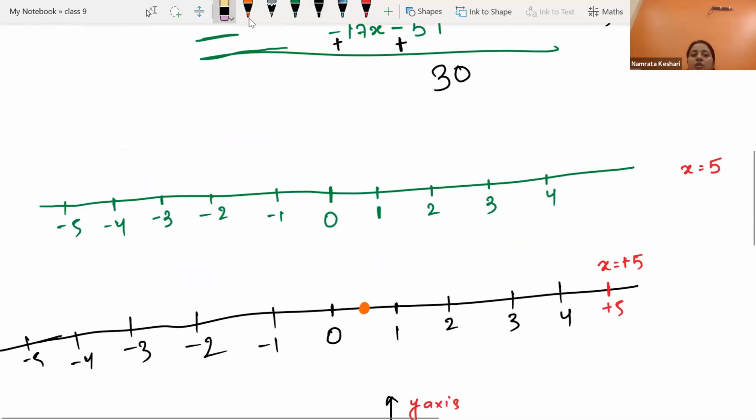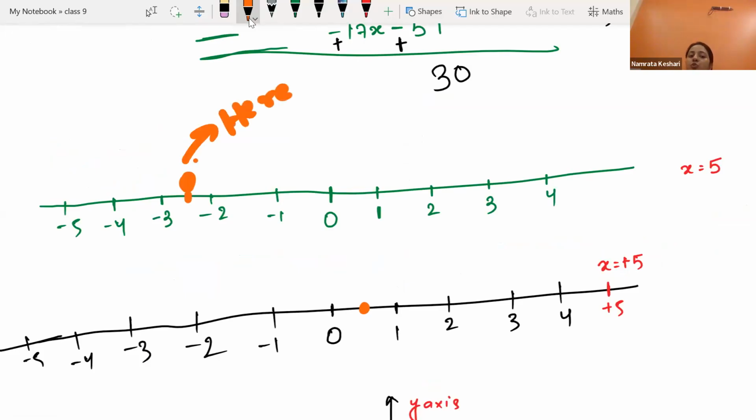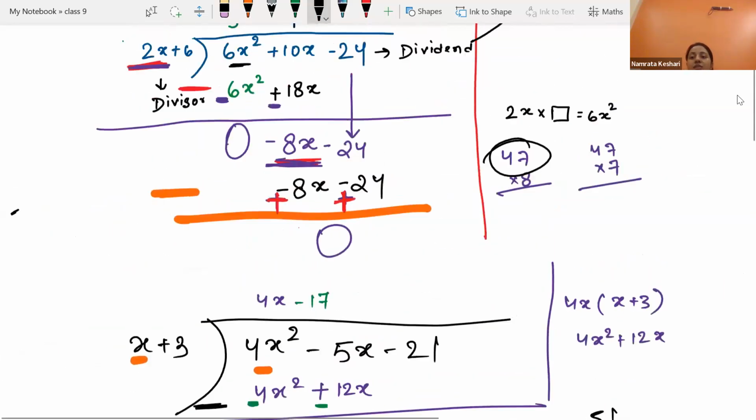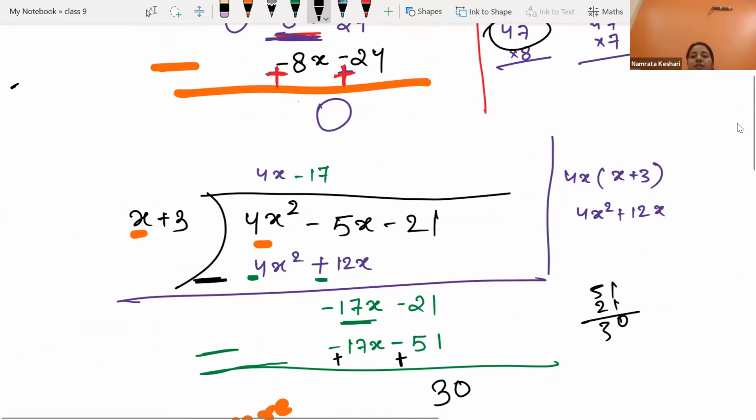If I mention in the previous one, exactly in the middle on the graph paper, between -2 and -3, you will tell me that it is -2.5, yes or no? Right? Yes, ma'am. Okay.